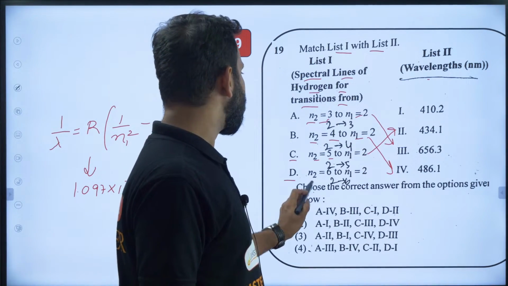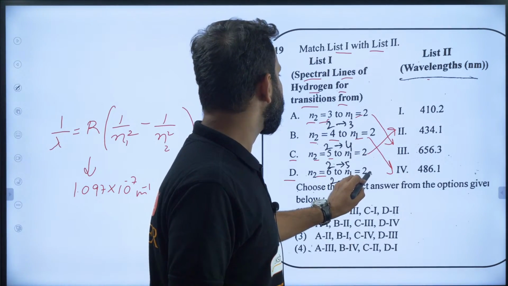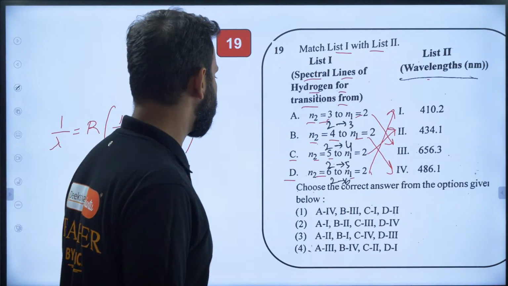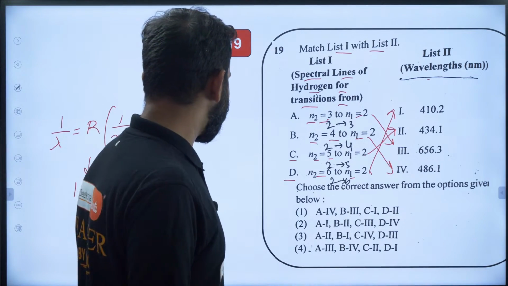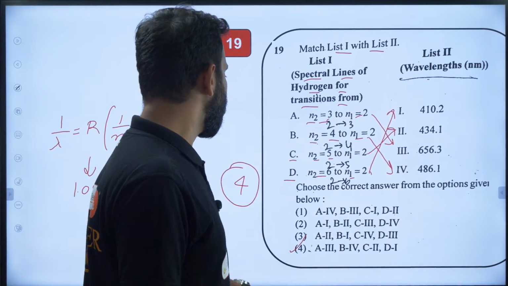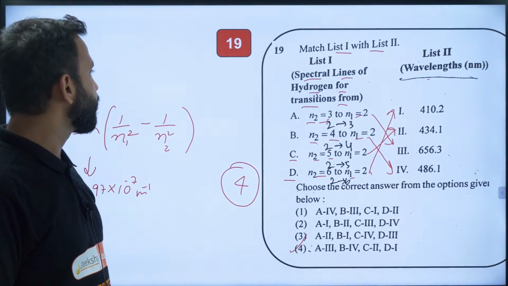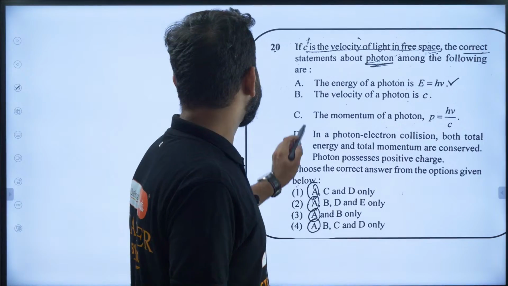And then the last one, n2 equal to 6 to n1 equal to 2, matches with the first one. So the correct option is 4. A belongs to 3, B belongs to 4, C belongs to 2, D belongs to 1. Next question. Question number 20.